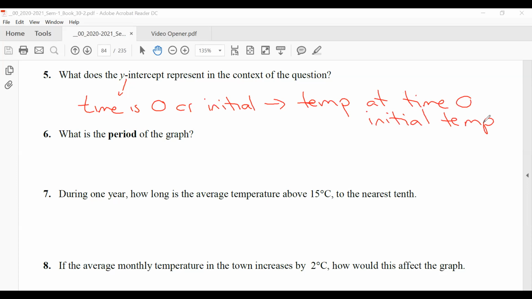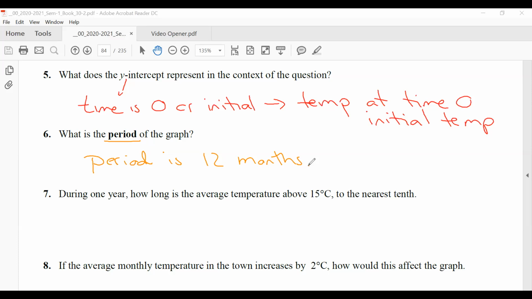Okay, what is the period of the graph? Well, period is the time it takes for something to repeat. Just logically thinking about it, the period should be just 12 months, shouldn't it? Okay, the period is 12 months. However, we're using a line of best fit.